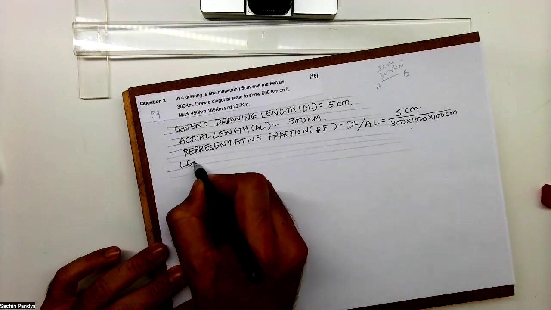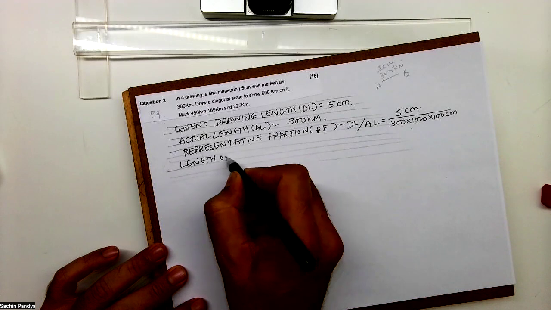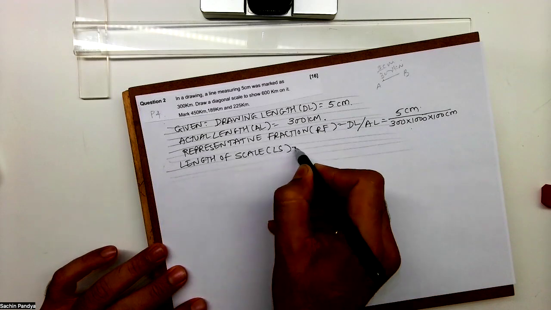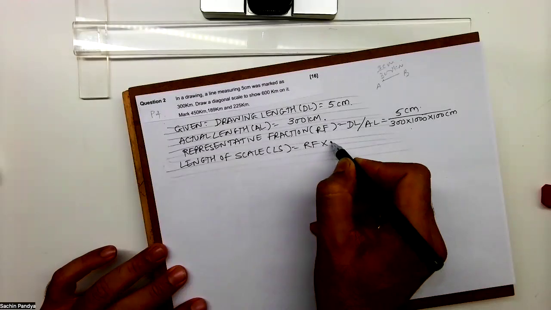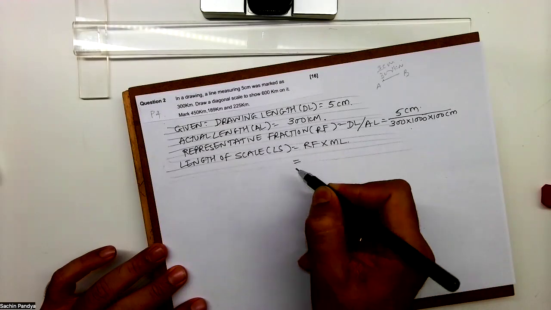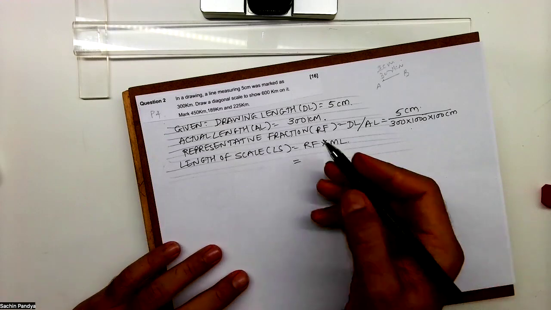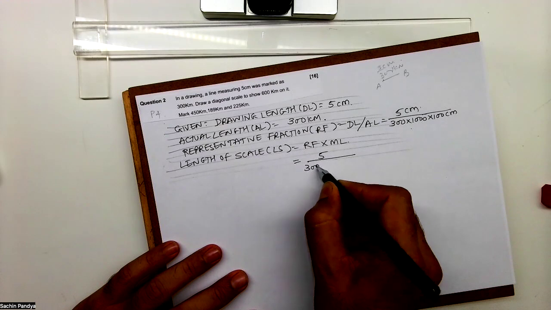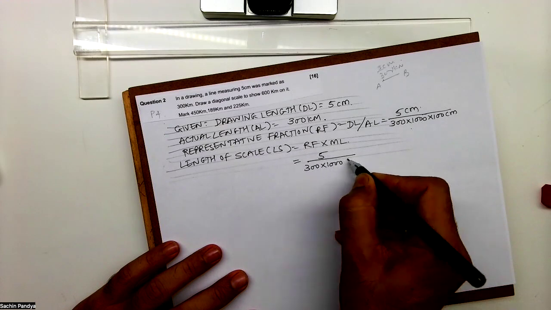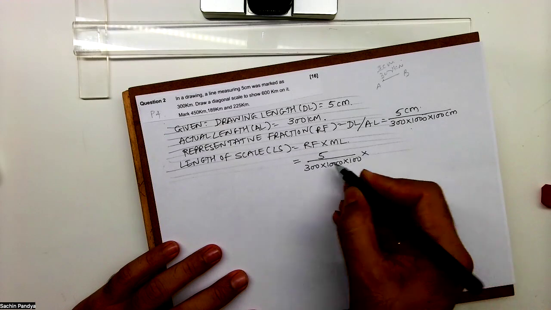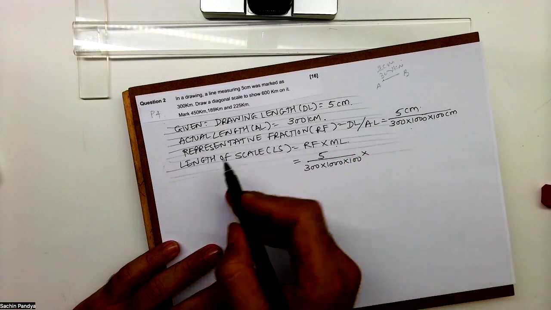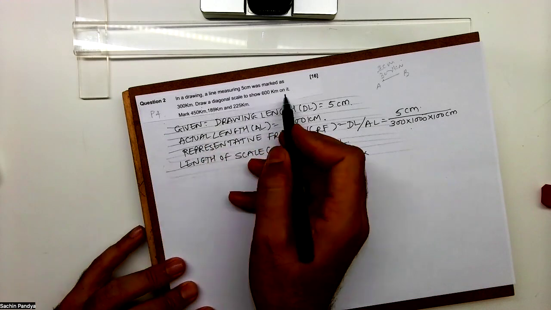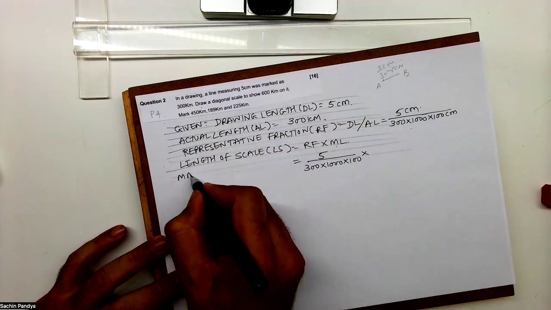Now length of scale. Length of scale LS is equal to RF into ML. So what is RF? Representative fraction. That is 5 upon 300 into 1000 into 100. What is maximum length? Oh, that we haven't marked. Wait. Draw a diagonal scale to show 600 kilometer. So maximum length is how much?